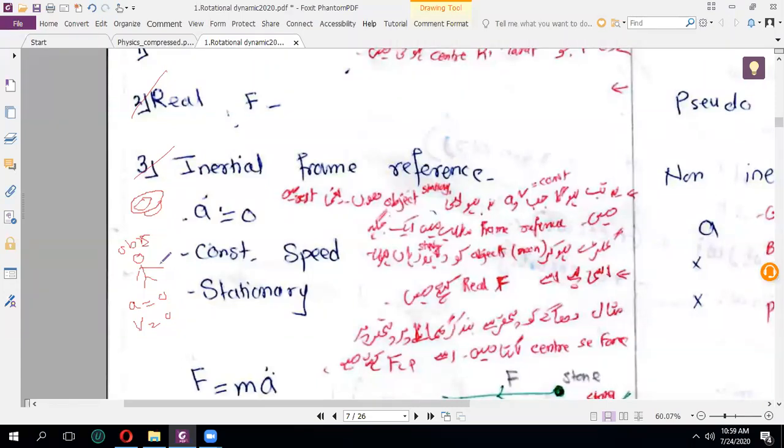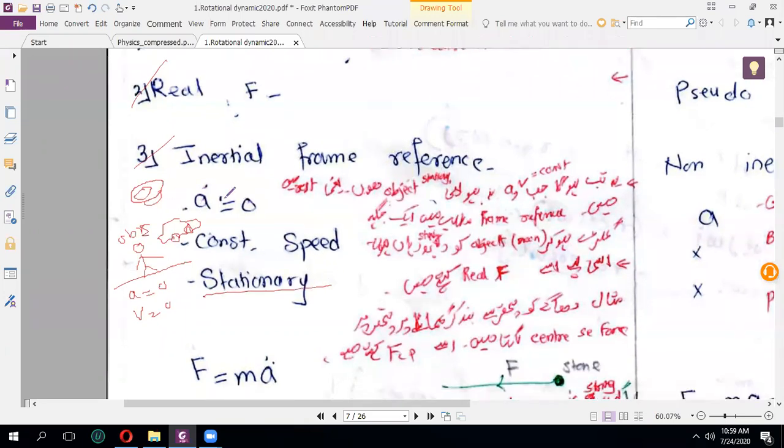Suppose you are standing at a bus stand and a car is moving. You can easily calculate the motion of the car because you are not moving. If you are moving and the other thing is also moving, you can't calculate the exact motion of that object. Understood? So centripetal force says the observer is always stationary, so you can study the other object's motion.